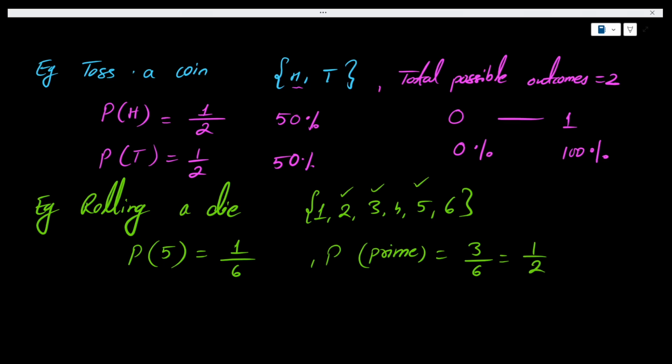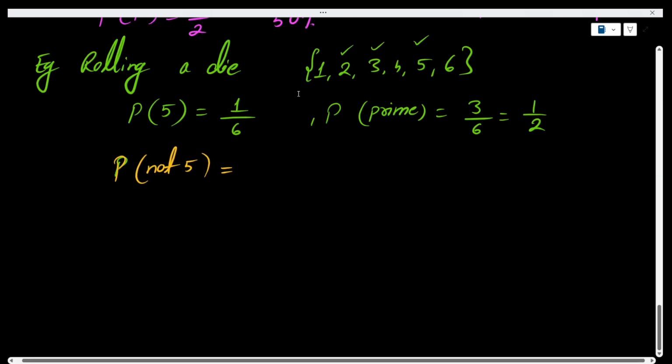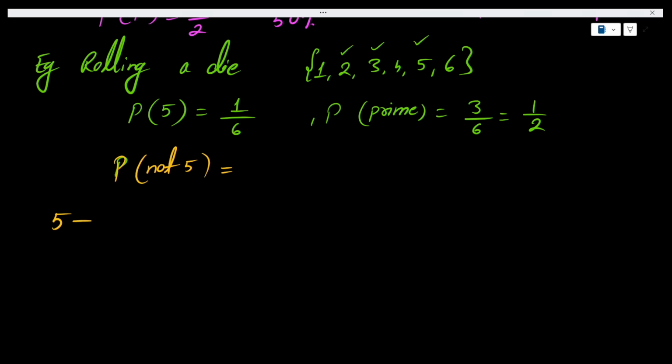Now what is the formula? What is going to be the probability of not 5? These are called complementary events. If getting 5 is an event, then not getting 5 is another event.